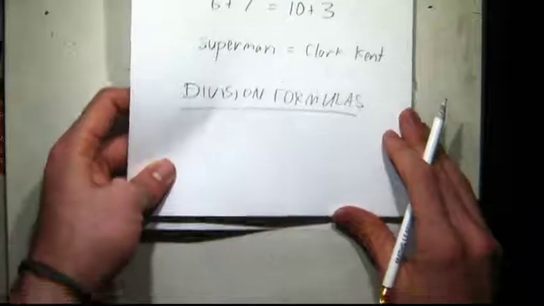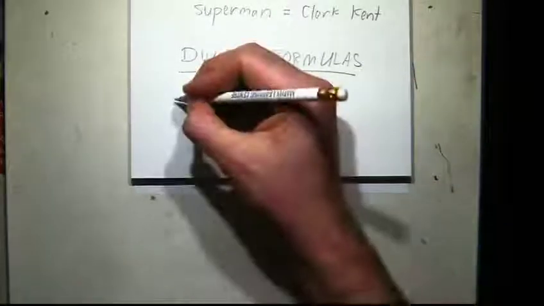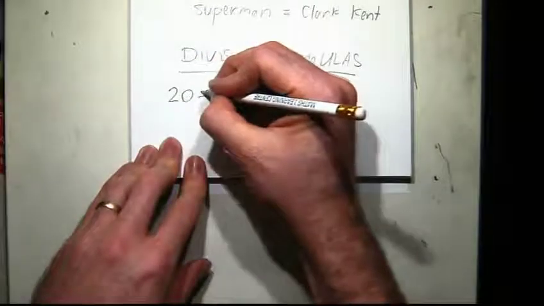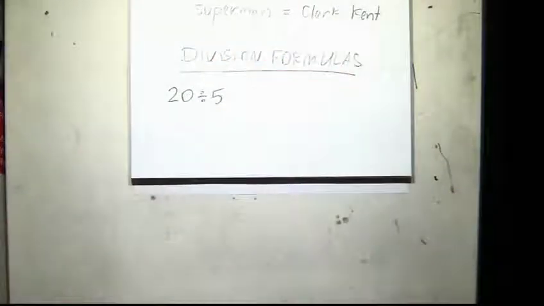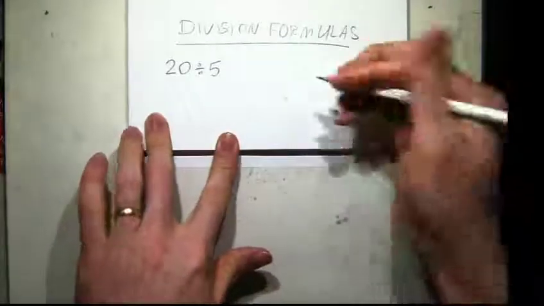Okay, so first I'm going to talk about what division means. If I say 20 divided by 5, then that could mean a number of different things. It could mean 3 things.